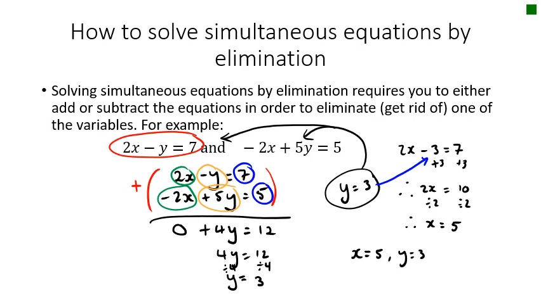I can check whether x equals 5 is correct by substituting it back in here. And I go minus 2 lots of 5 plus 5 lots of 3 must equal 5. Minus 2 lots of 5 is minus 10. Minus 10 plus 15 does equal 5, and that's correct.